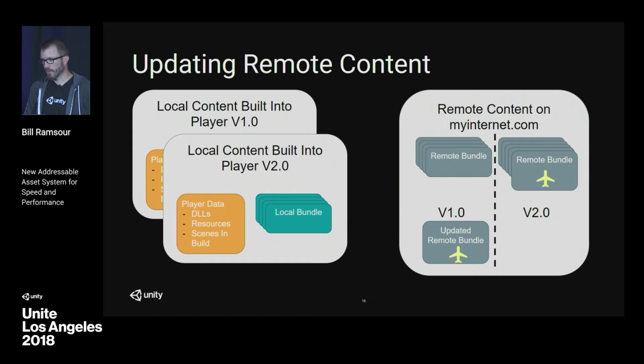And when I do that, it's going to build a new remote bundle, and it's going to change that content catalog. So next time the player launches their V1 app, the app's going to find the new content catalog. And when the app says load airplane, the catalog's going to say, hey, my airplane's online, it's in this new bundle, download it, and away we go.